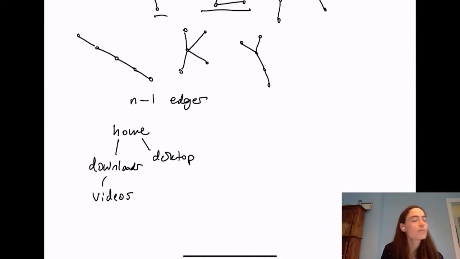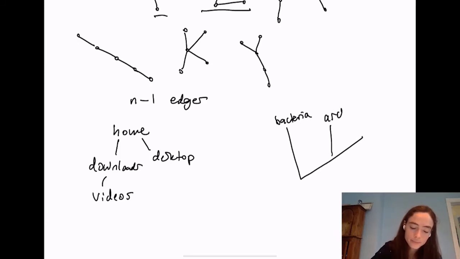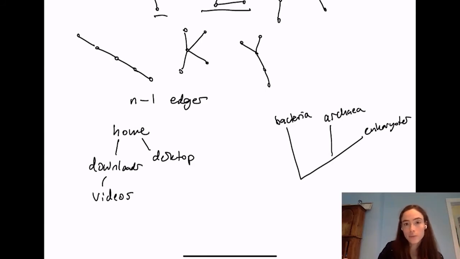Also, the phylogenetic tree of life, the evolutionary connections between species, is a tree. Again, because everything evolves in a sequential way, you can't have a descendant then give birth to one of their ancestors.